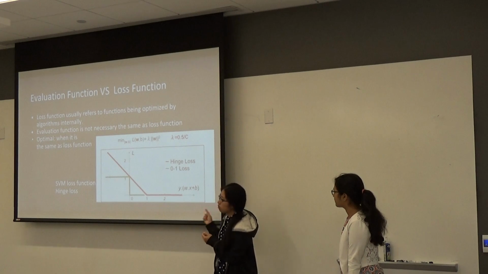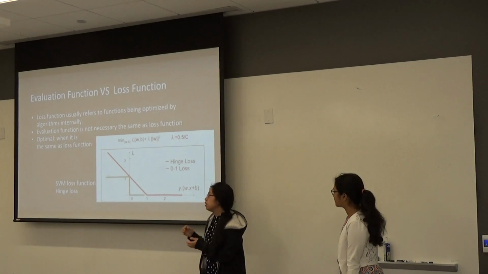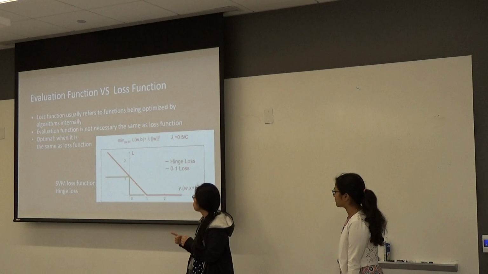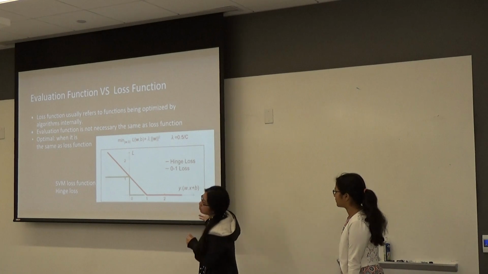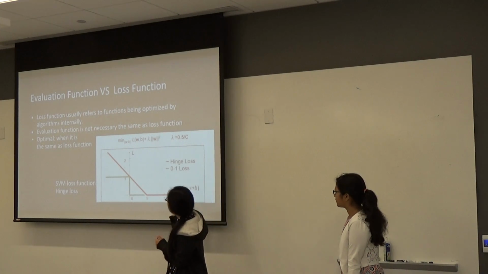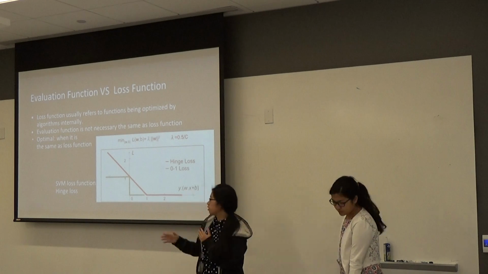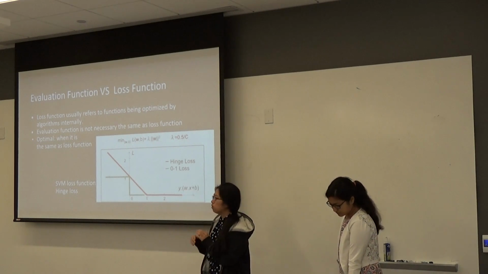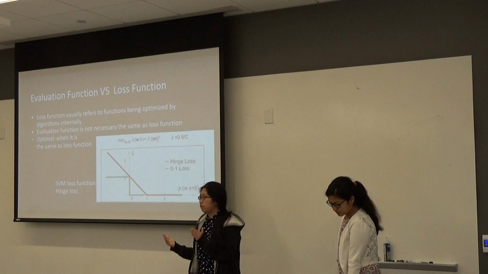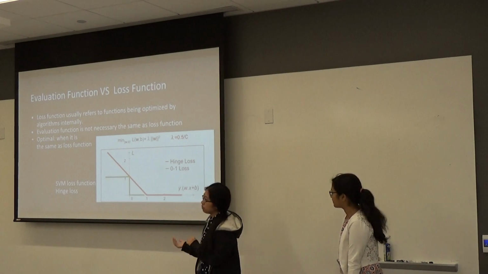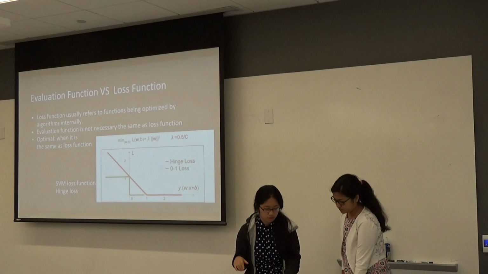To successfully find the maximum margin hyperplane, it has to use this loss function. But after you get the SVM classification label or output, you can do whatever kind of evaluation you want on this output label, like accuracy, precision, recall, or even draw the AUC.